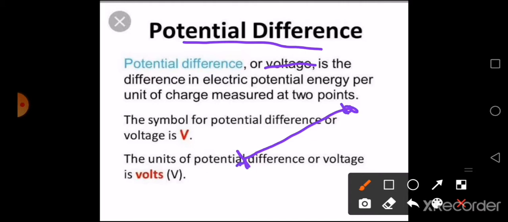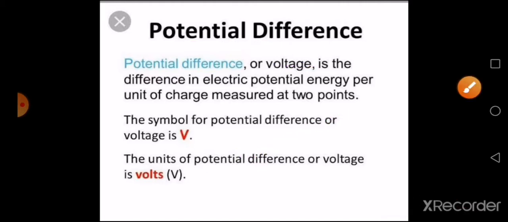So this is also a definition for your potential difference. This definition, I think, will be easier if you learn electric potential. Electric potential is for unit charge from infinity to a point, whereas potential difference or voltage is from one point to another point. It is not from infinity.